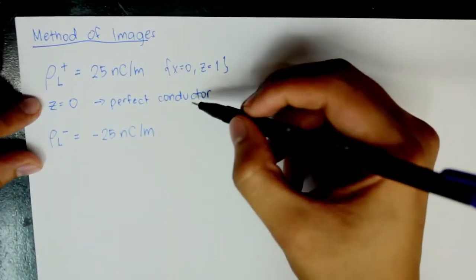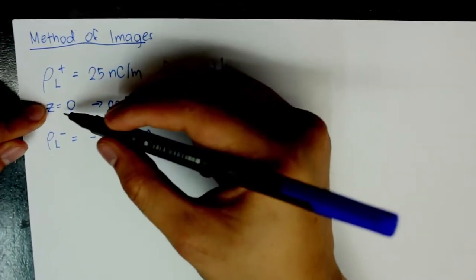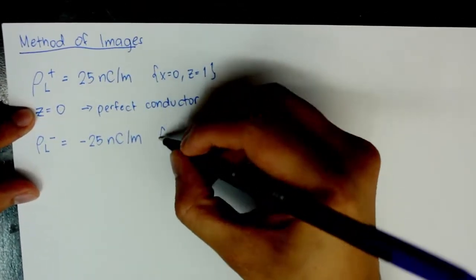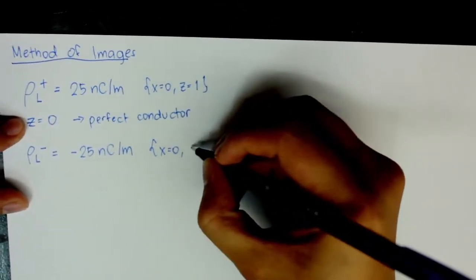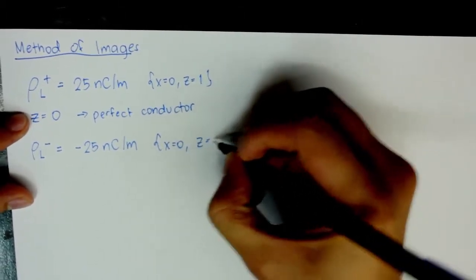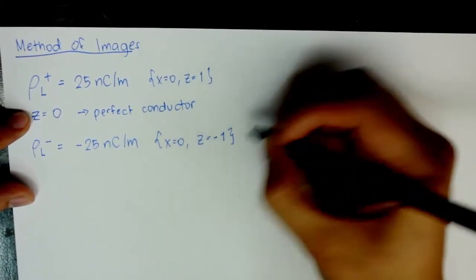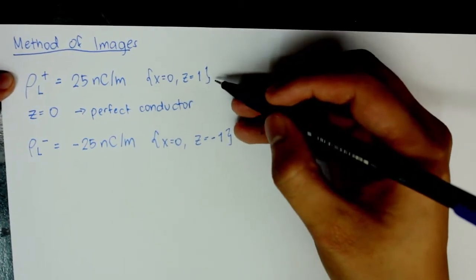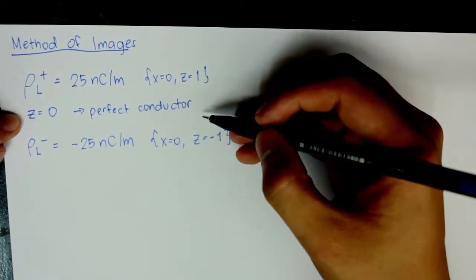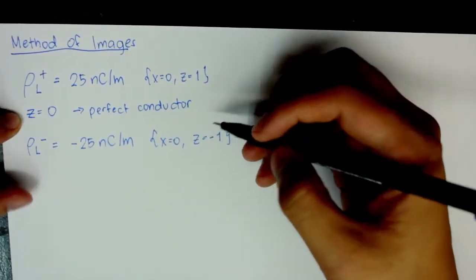The location, of course, if it's an image with respect to the z equals 0 surface, is x equals 0, z equals negative 1. This is the image of this with respect to the z equals 0 surface.